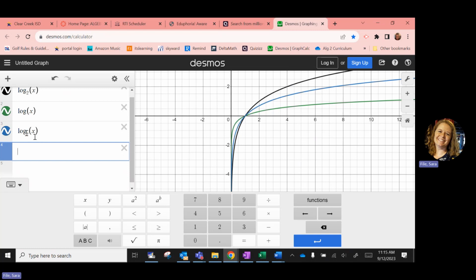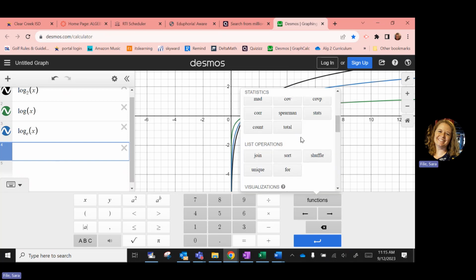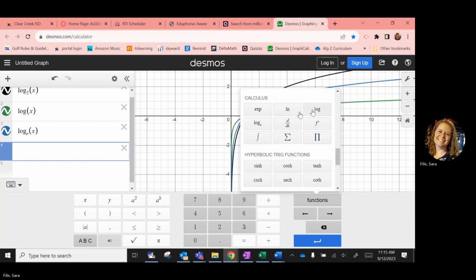What I want to tell you, though, is when you have a natural base on your log, this is not actually how we write it or type it. When you go to functions, you may have seen next to log, you have log, and then you have ln. That is a representative for natural log. So if your base is e, if you're doing a natural log, you don't have to write log base e, you just have to write ln.